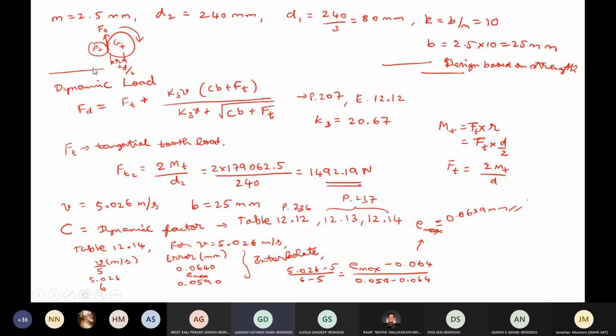Excuse me, sir. The FT value that we have found out can be found out using Lewis equation also, because the value is coming very close to the one that we got from 2mt by d2. Yeah, once you have set the parameters, yes, I think it should be fine. Like only 3 Newton difference is there. Maybe that is because all other things are same. No, we are taking tangential tooth load here.